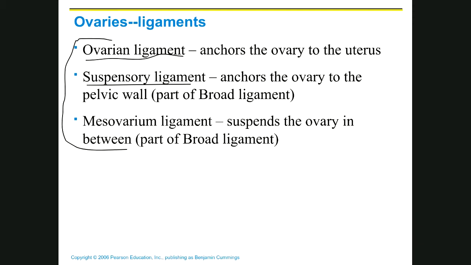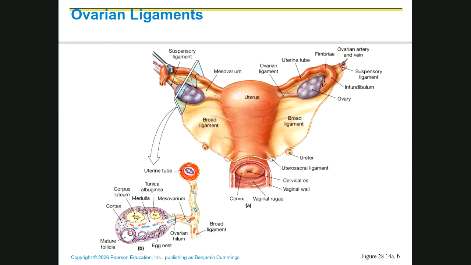They also suspend some other organs. So when you look in here, you can see the ligaments right there. There's an ovarian ligament, there's a suspensory ligament, and then there's a ligament called the mesovarium. They're suspended in here.